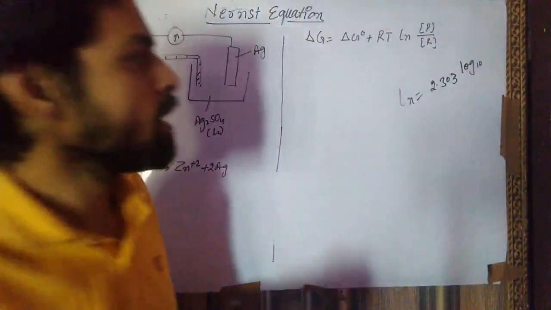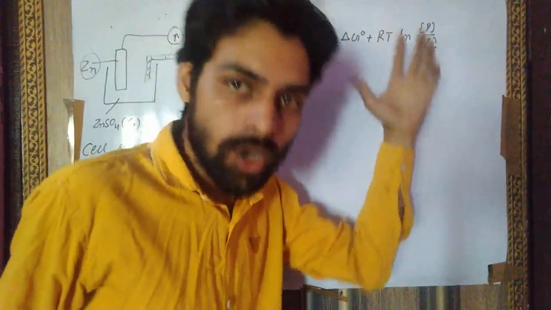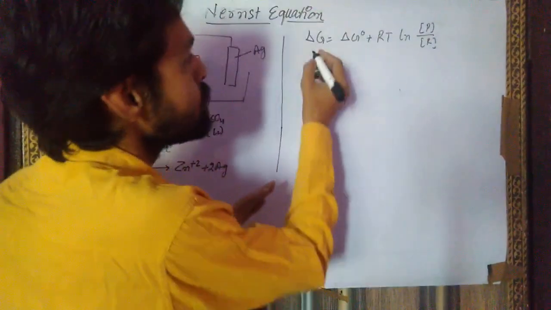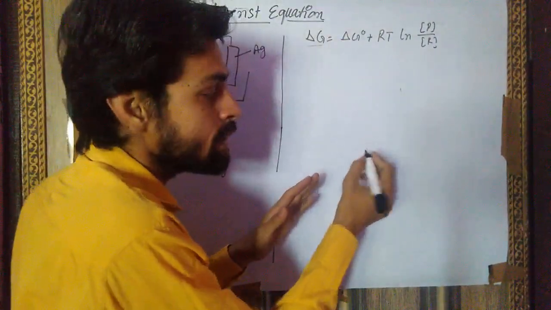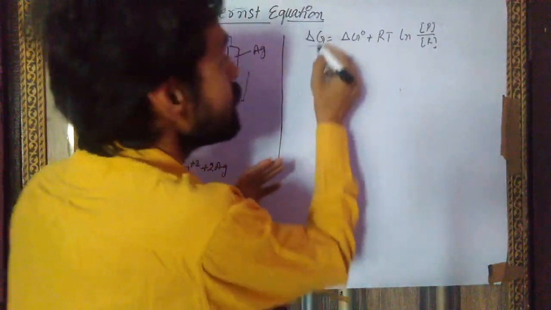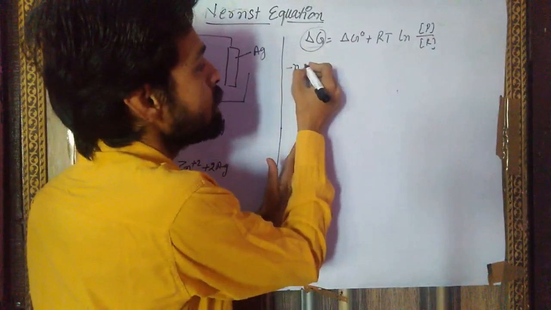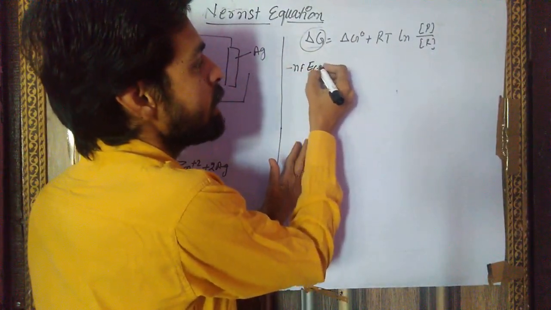Just understand the equation. What will be the equation? This is not the Nernst equation. Now I am deriving the Nernst equation. So students, right now I told you delta G is equal to minus NFE. But if I do not use the standard condition, then I will write minus NFE cell.